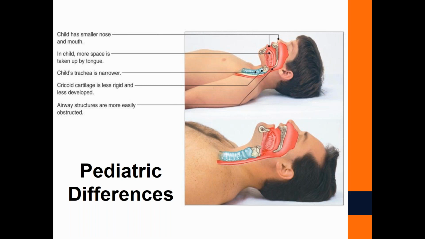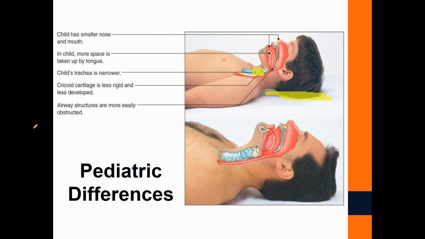Because if you look at a kid's head, and those of you out there who have youngins, proportionally speaking, the head is the biggest portion of a kid. So it is actually creating an airway obstruction here in this picture, because the back of this kid's head resting on the floor like that is forcing his head forward and crimping his airway shut because it's narrow, less rigid, and more easily obstructed.